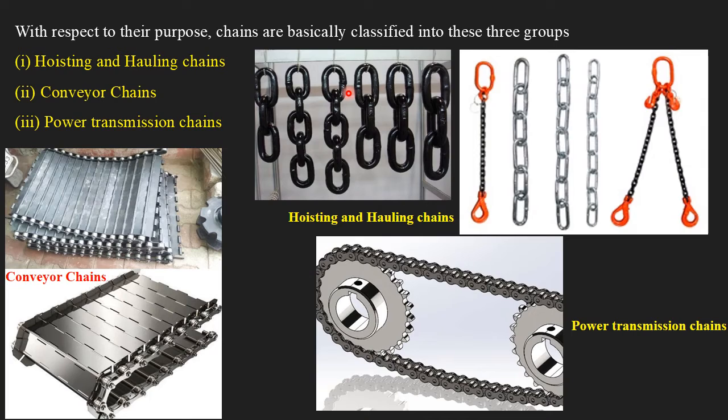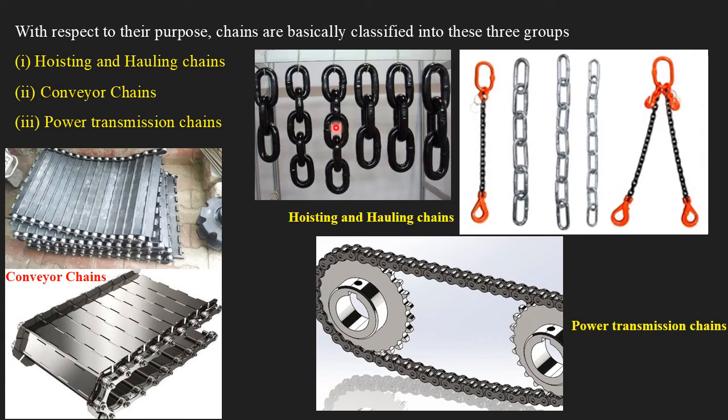There are sprockets which are used for these types of chains, and the sprockets will have receptacles to receive these links. You might have seen these types of chains used in marine applications, such as in anchors.